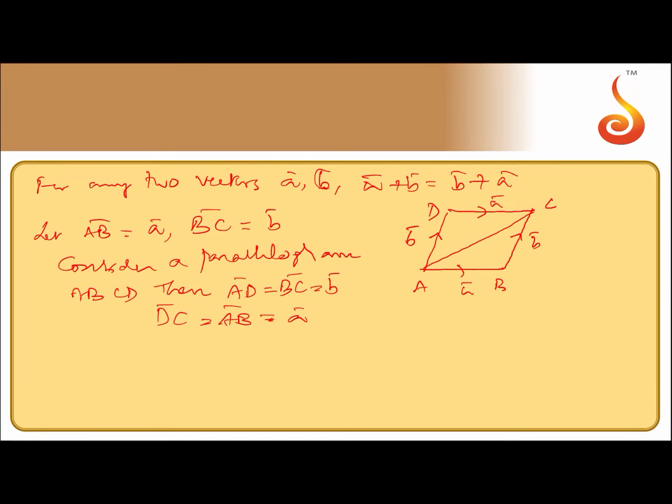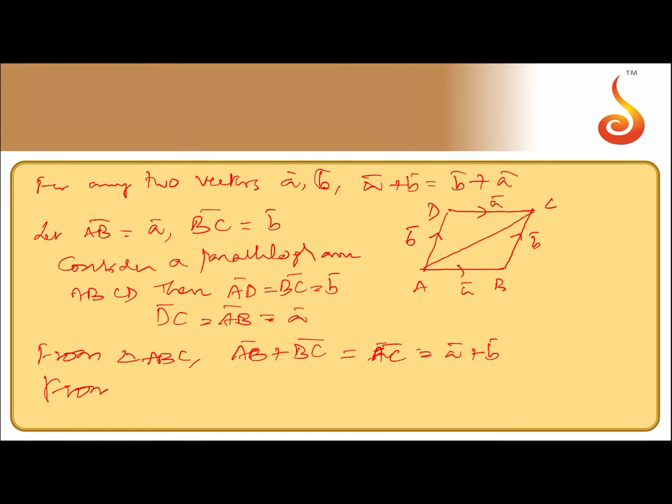Now from the triangle ABC, we say that AB plus BC is equal to AC, and that is nothing but A bar plus B bar.